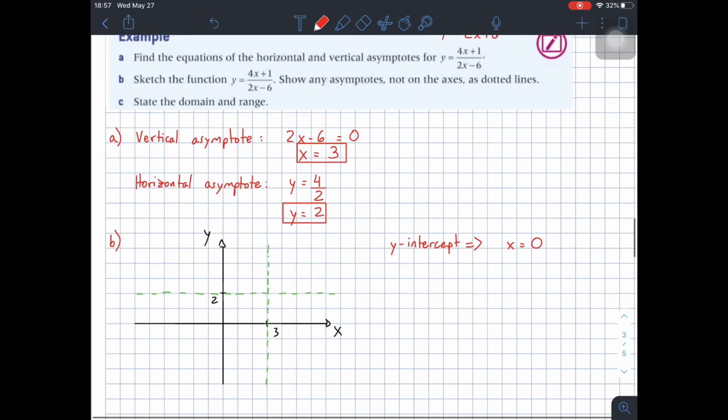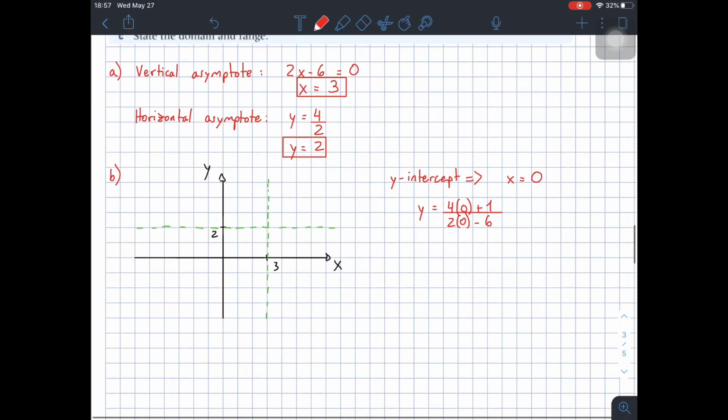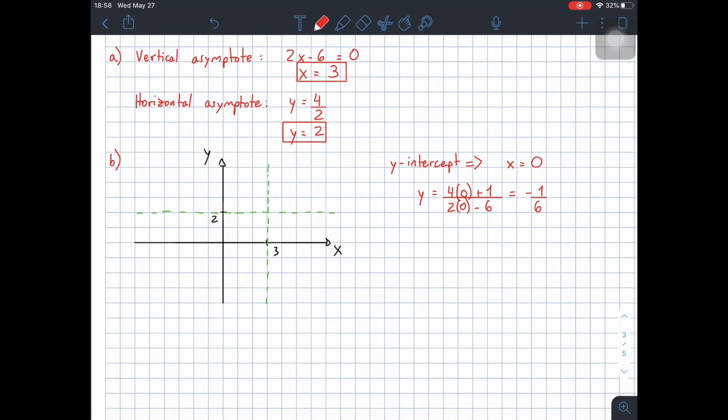So if I find y when x equals 0, we're going to have 4 times 0 plus 1 divided by 2 times 0 minus 6. Remember, we're always doing this without a calculator. So this gives us negative 1 over 6, which is negative 0.1333 or something like that, but it's negative 0 point something. That means that our y-intercept would be somewhere around here, kind of like here, right?